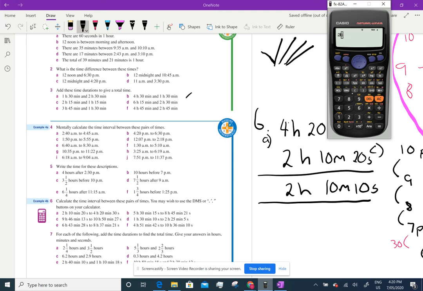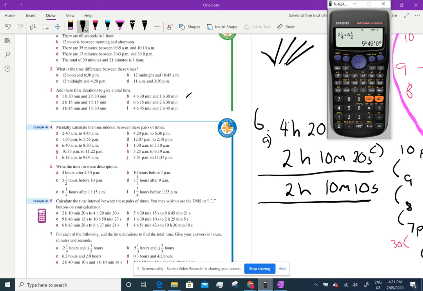So I've got 2 and 1 on 4, 2¼ plus, because I've got to add these, 3 and a half. 5.75. Now, if I want that in degrees, minutes and seconds, I just press the bubble button. 5 hours 45.